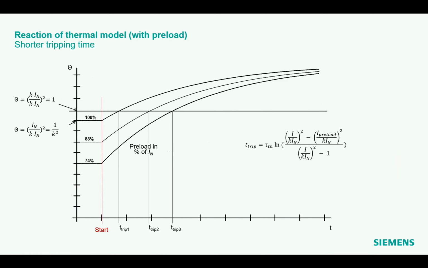Here, if I have preload, then you see here the tripping time is faster because I have a higher starting base. The curves all go to the same end temperature, but here the temperature difference is smaller. And this is the big advantage when I use this thermal model with the preload calculation, what we always do here, because we don't have the other principle anymore.